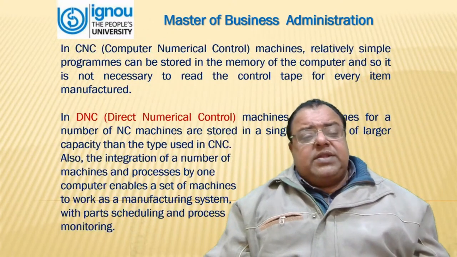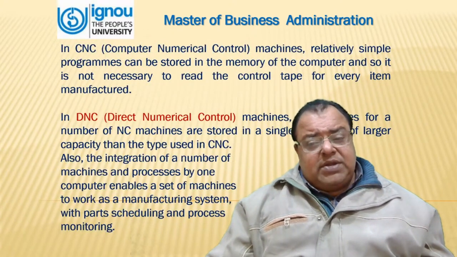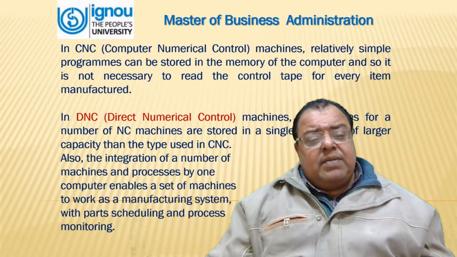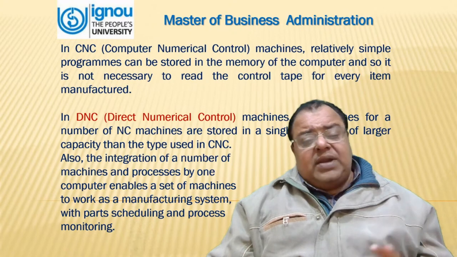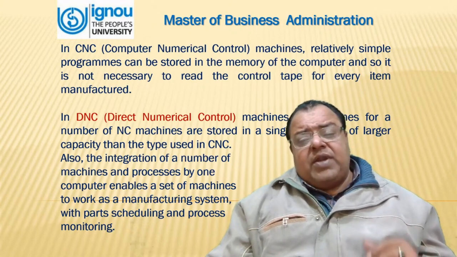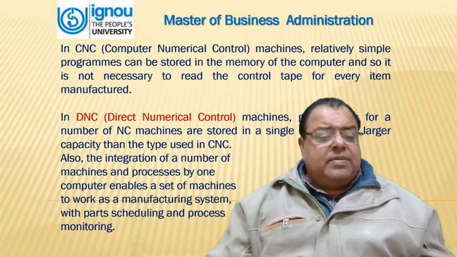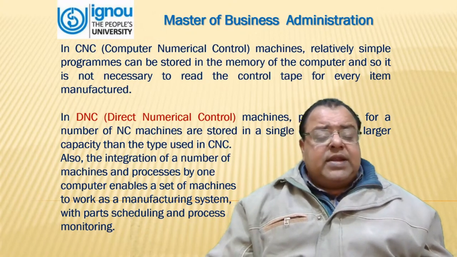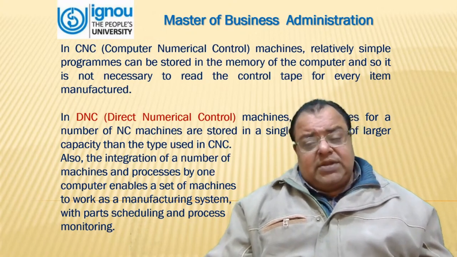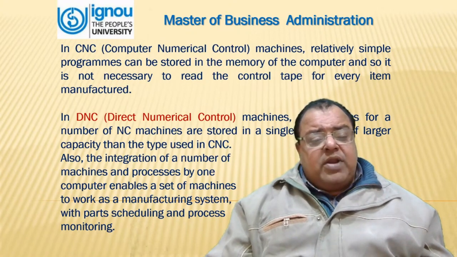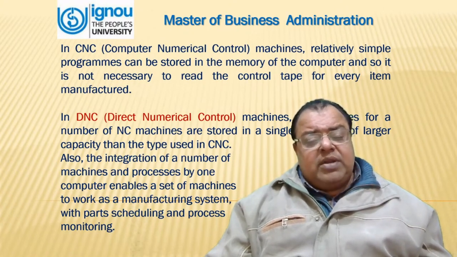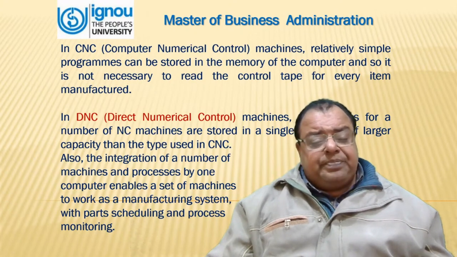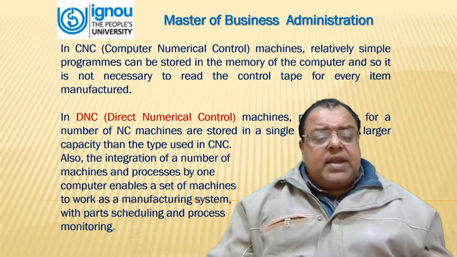In CNC, that is computer numeric control machines, relatively simple programs can be stored in the memory of the computer, and so it is not necessary to read the control tape for every item manufactured. In DNC, that is direct numerical control machines, programs for a number of NC machines are stored in a single computer of larger capacity than the type used in CNC.